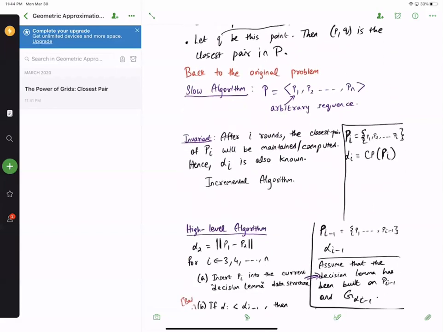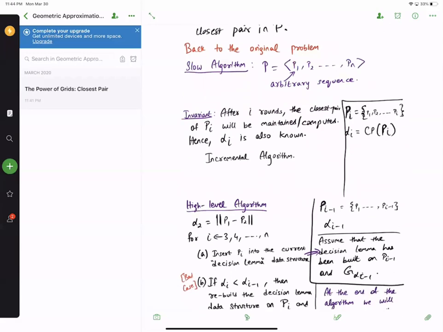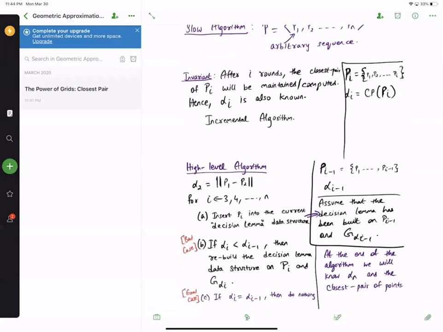Then we went back to the original problem. Initially we said, okay, we'll consider an arbitrary sequence of the points and insert them one after the other. Always we'll maintain this invariant that, based on the points inserted till now, we find the closest pair of the points inserted till now.